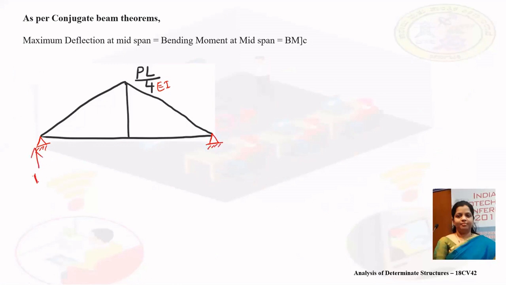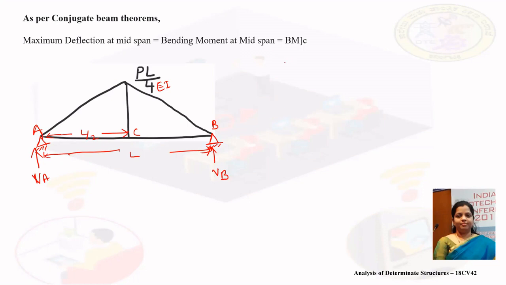Shear force VA and VB are acting at the supports. The distance between supports is L. These are the supports A, B and midspan C. The distance between midspan and one of the support is L by 2.